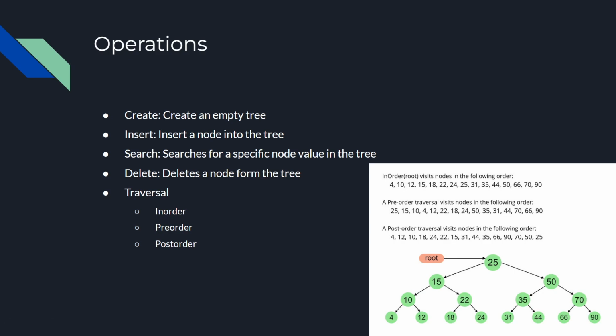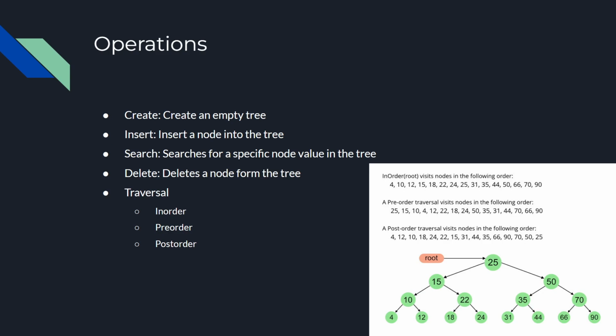Now let's go on to some operations that you can perform on a BST. The first one that comes to mind is just to create a tree. And after you create a tree, you can start inserting nodes into the tree. If you want to retrieve a specific value, you can also perform a search. And if you want to remove a node, you can also delete them. Finally, we have traversal.